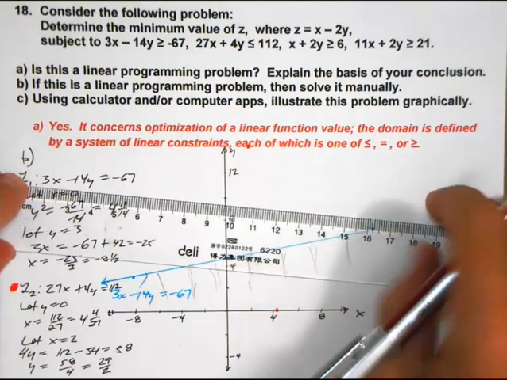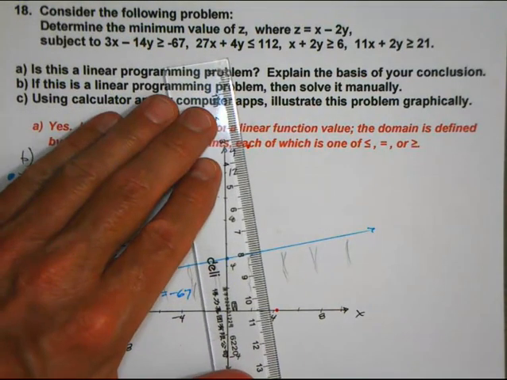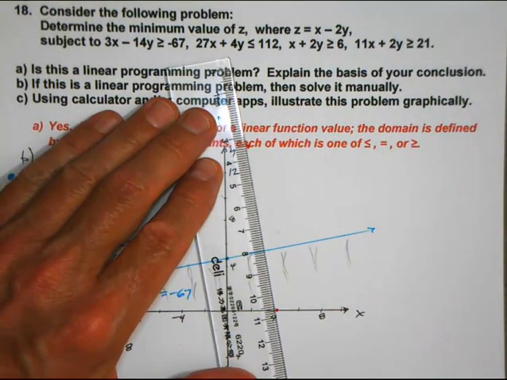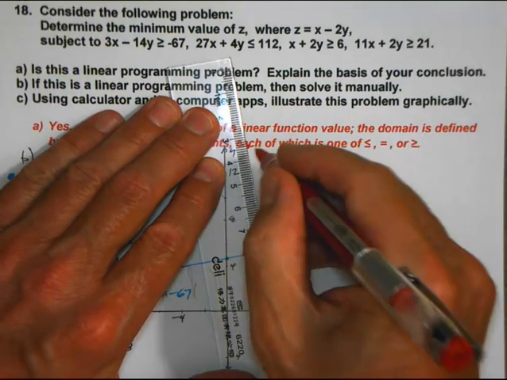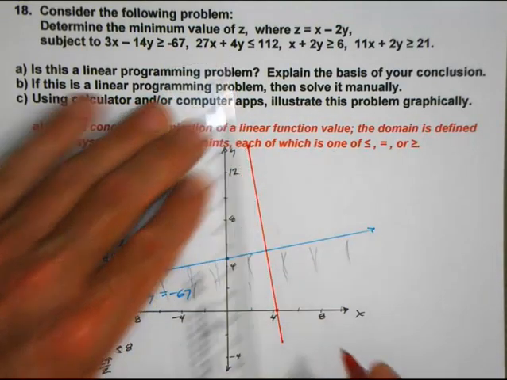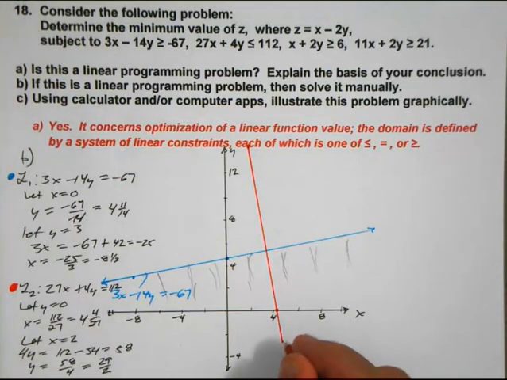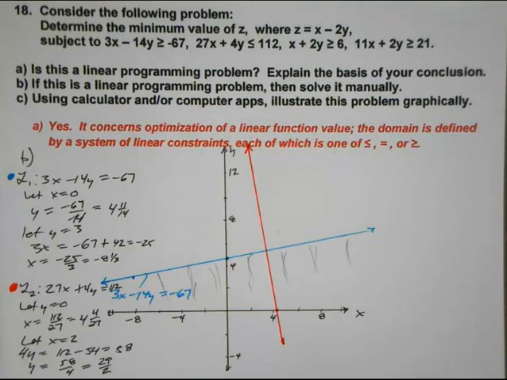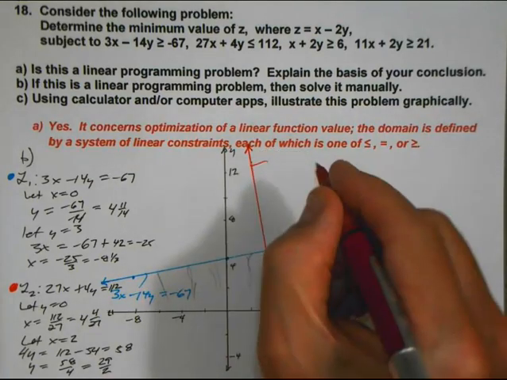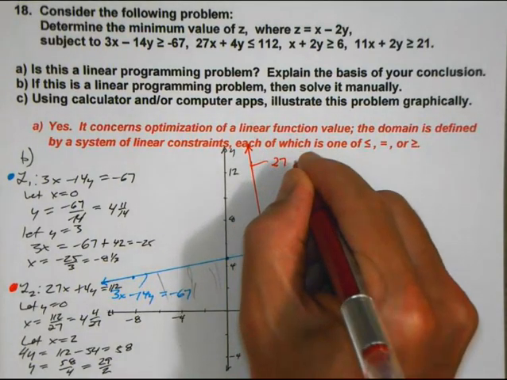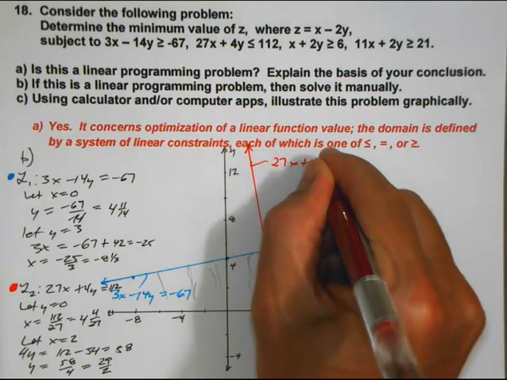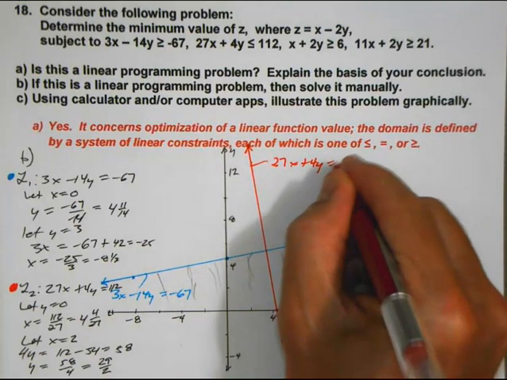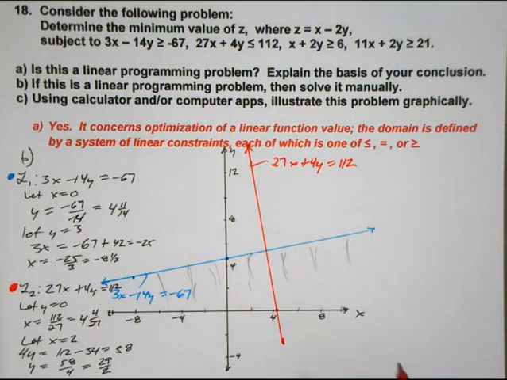Okay, got that point there. There's our boundary line. Let's label its equation, perhaps up here. This would be 27x plus 4y equaling 112.